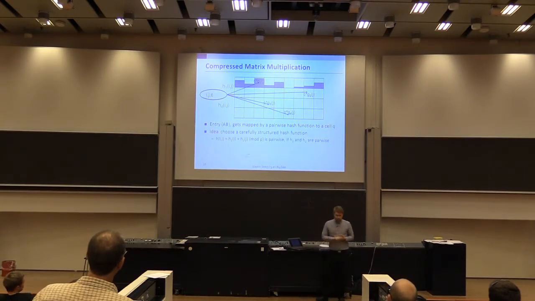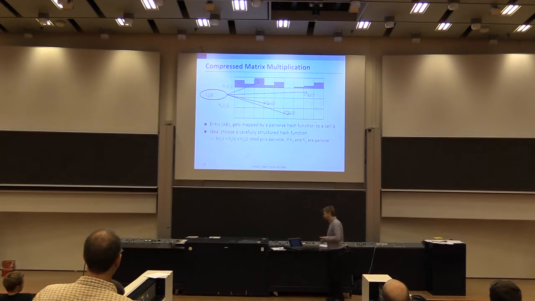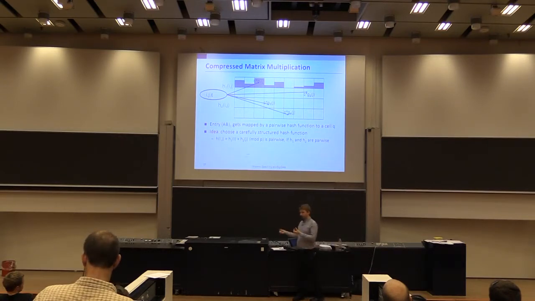So there's a number of ideas we need here. One idea is to say, can we choose a hash function that has a bit more structure to it? We can argue that we can choose a hash function of this pair ij that is actually composed of a hash function on I and a hash function on j.